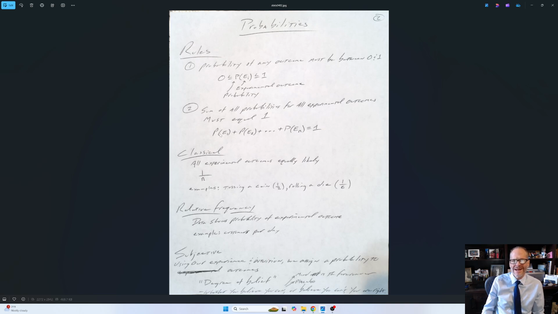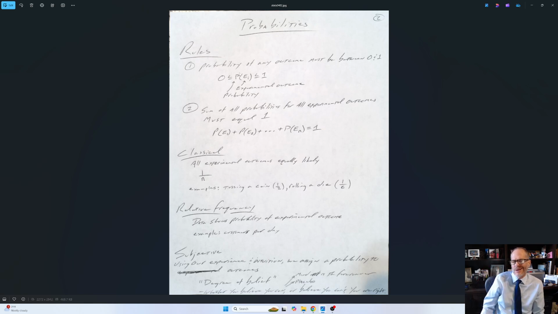Or if we're rolling a single die, the probability of us getting 1, 2, 3, 4, 5, or 6, when we add up the individual probabilities of each of those sides, the total probability has to be 1, because we're going to get one of those sides. When we roll a die, we'll get one of the 6 sides. So that's what these two rules say. We run an experiment, we get an outcome.